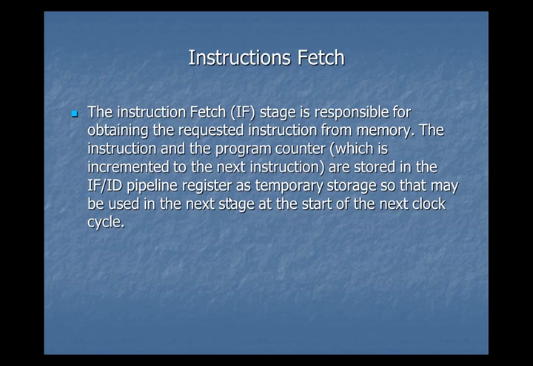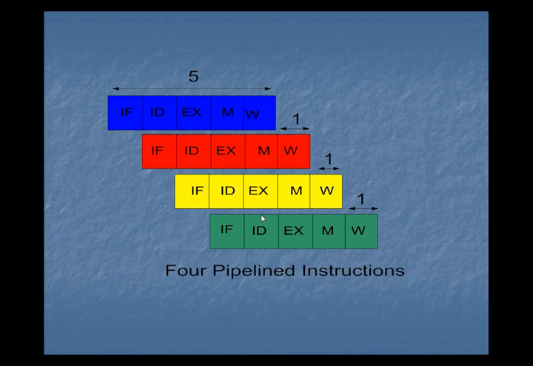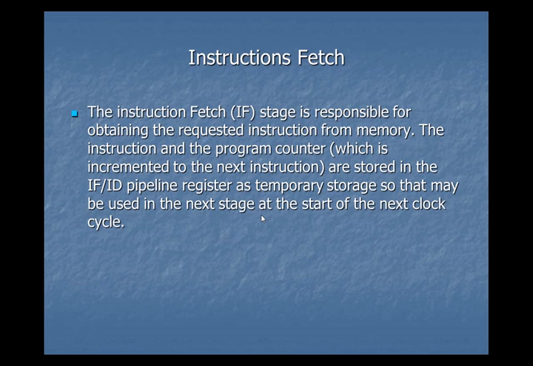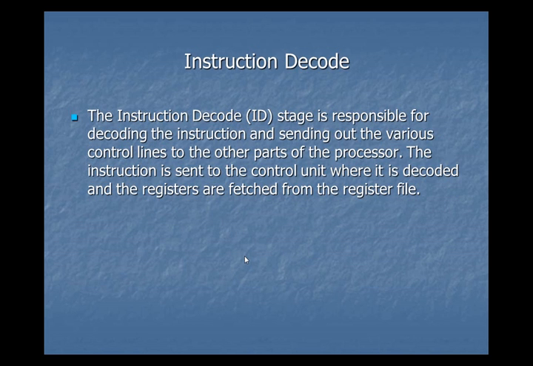So fetch obtains the requested instruction from the memory, which is stored in the IF/ID pipeline register as temporary storage, so that it may be used in the next stage at the start of the next clock cycle. What is the clock cycle? Whenever we use the clock for sending the signal, that is known as the clock cycle.